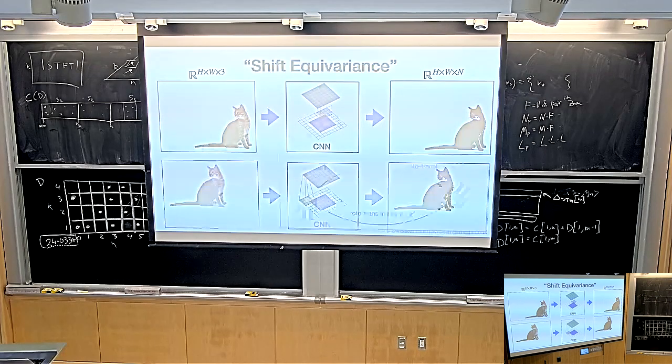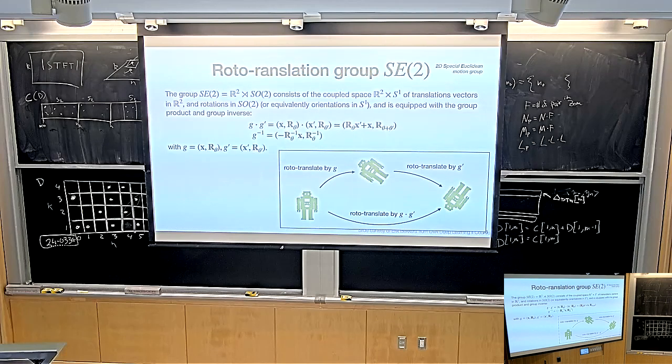Good. Then there's the roto-translation group. We talked about camera transformations, right? This is where camera translation comes from. In 2D, roto-translations are called SE2, the special Euclidean group in 2 dimensions. And in 3D, it's SE3.